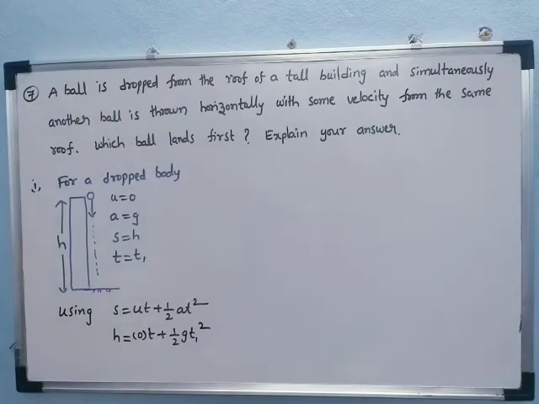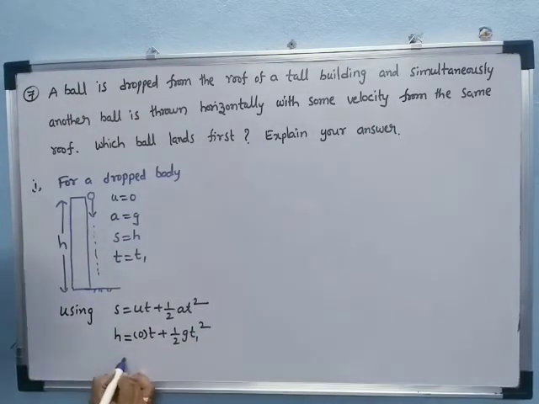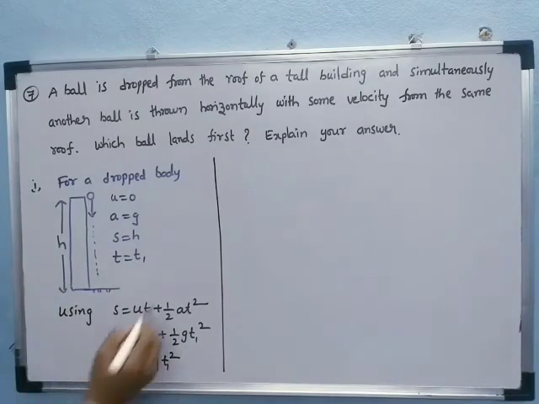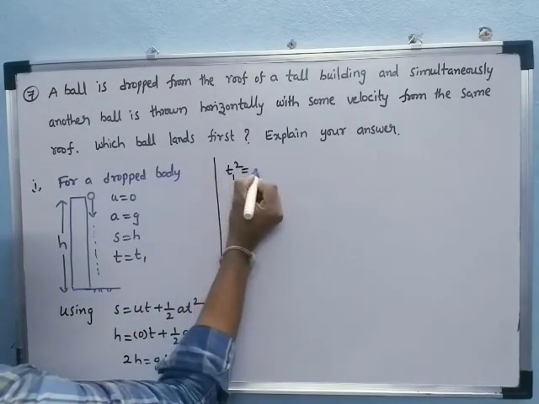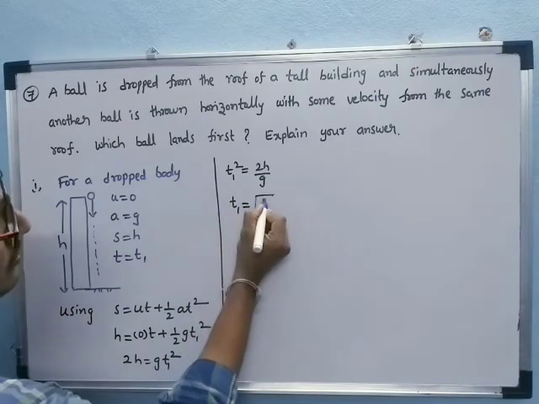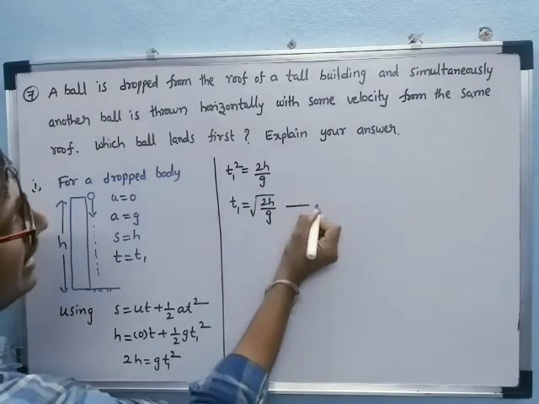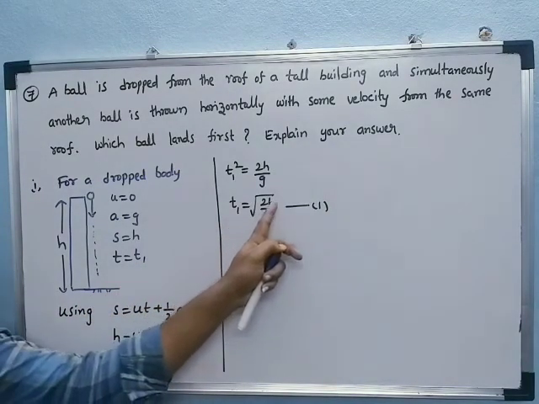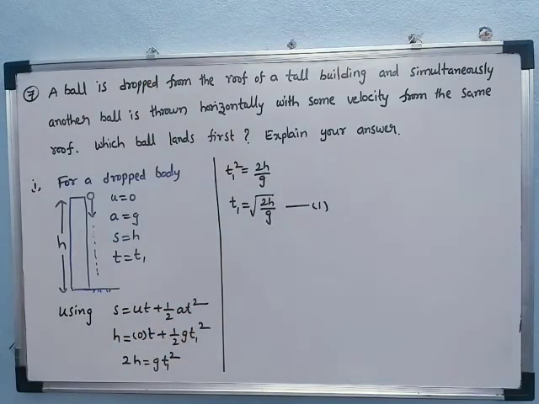Taking the cross multiplication, 2h is equal to g into t1 square. Taking g to the denominator, t1 square is equal to 2h by g, then t1 is equal to under root 2h by g. This is equation number 2.